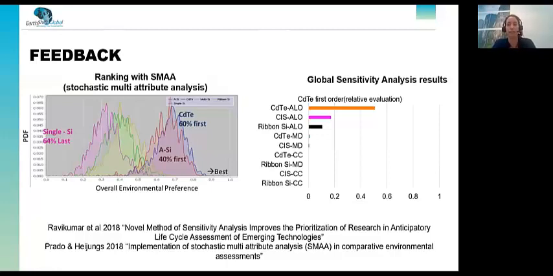So we would see we would need more refined information about the agricultural land occupation of cattail, right? If we can reduce the uncertainty in this impact category for cattail, we would be able to discern these alternatives a little bit more so we can make a better decision.